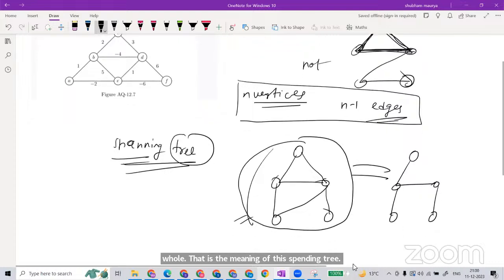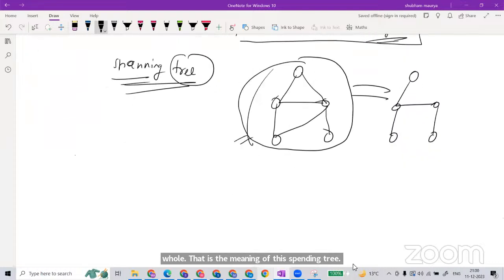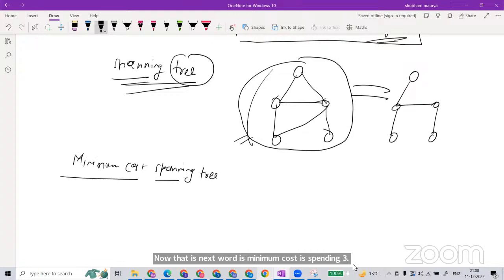Now the next word is minimum cost spanning tree. So this is one word. These two are different words. Like we have seen the tree, what is a tree, what is a spanning tree, now what is the minimum cost spanning tree?